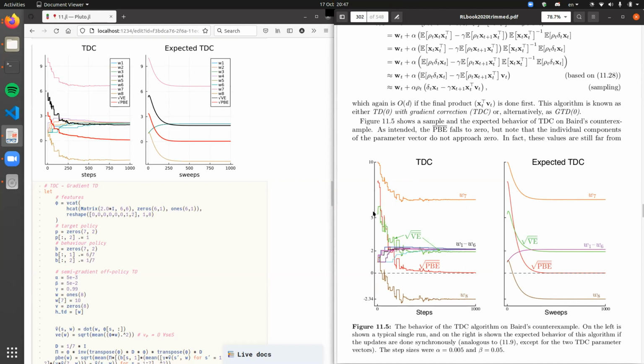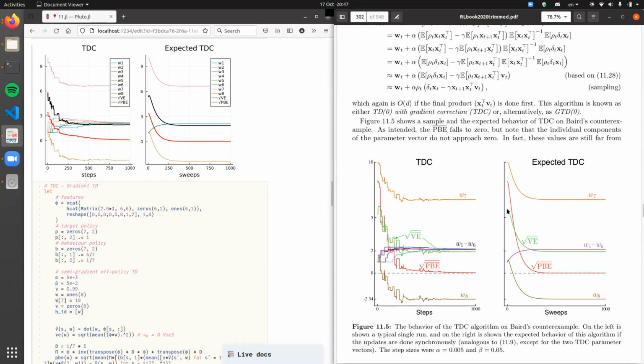But notice that, again, with our gradient descent, we are minimizing the projected Bellman error. You can see that the projected Bellman error is driven to 0, but the value error is still around 2. And that is not ideal, obviously.